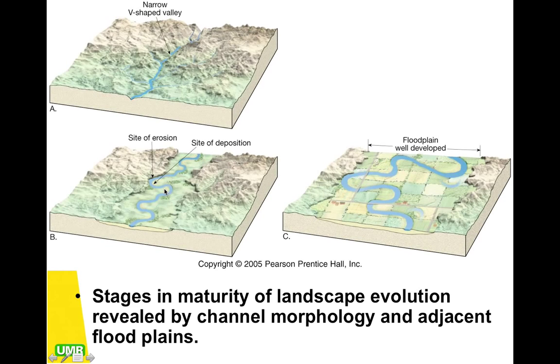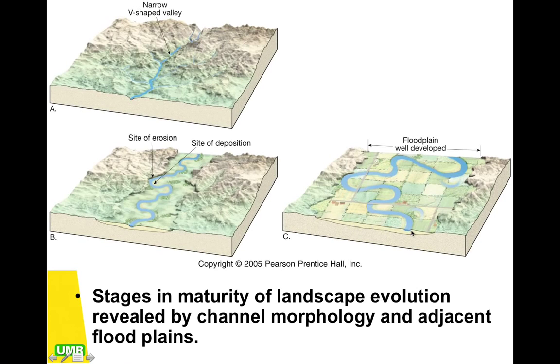On the inside of it, right here, we are going to see some deposition. So that means that it's going to deposit whatever particles, sand, gravel, silt, clay, that it might be carrying. So we have erosion and deposition happening in a relatively old river, and the floodplain is going to be widened out by quite a bit.